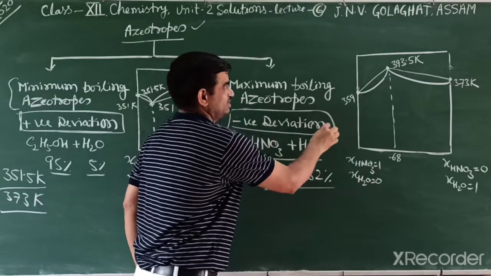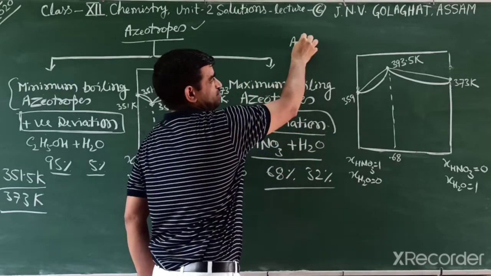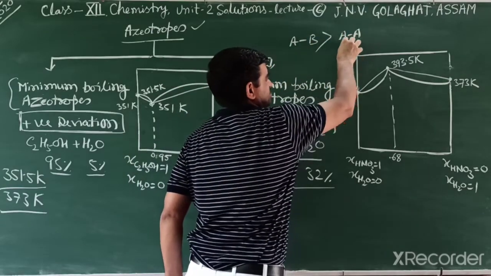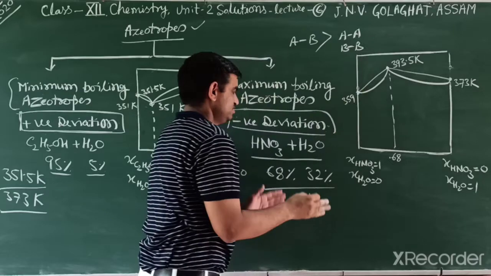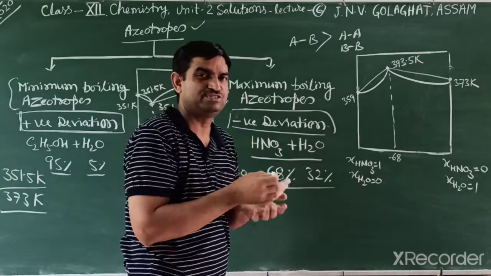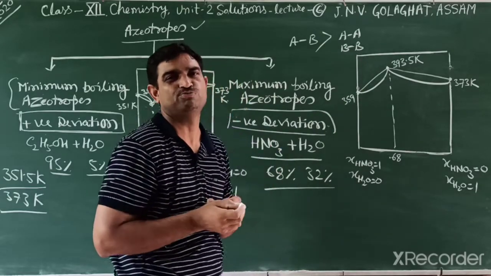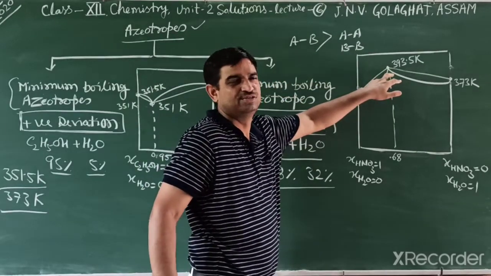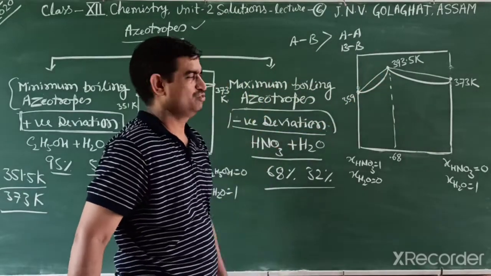With negative deviation, the force of attraction between A and B is stronger than the AA type and BB type forces. In nitric acid and water, when you mix, a new bond forms, hydrogen bonding, that is stronger. So the boiling point increases. So that is a maximum boiling azeotrope.